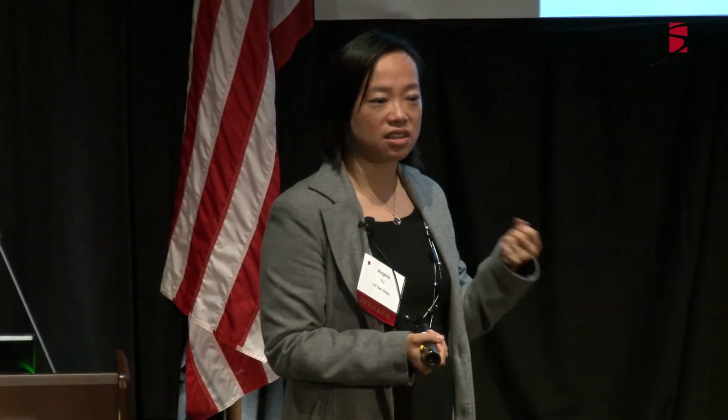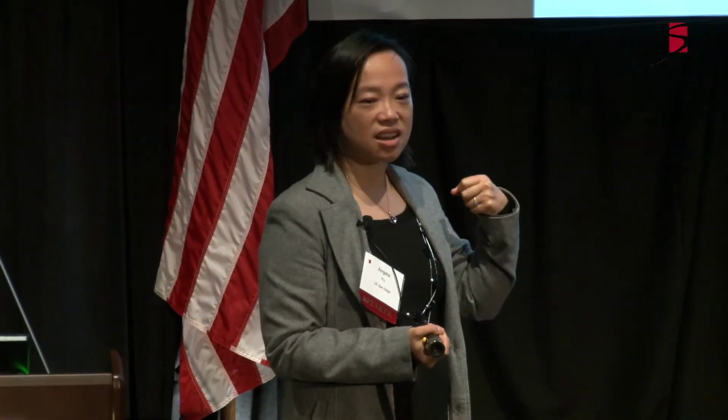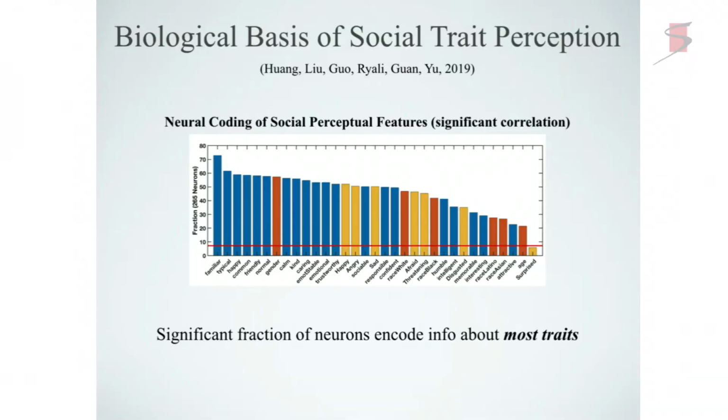And then we can look at, is there neural correlation in the response between the different neurons compared to where the faces lie along these axes, to figure out is there neural encoding of the information relevant for these different social traits. And what we saw is that actually there's a very significant fraction of neurons that encode information significantly in terms of the correlation coefficient, relative to this red line, which is the 95% confidence interval.